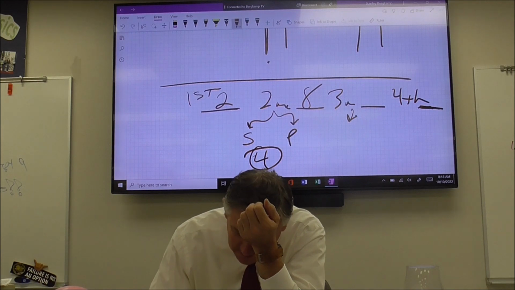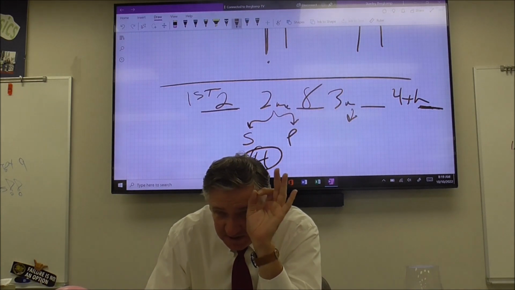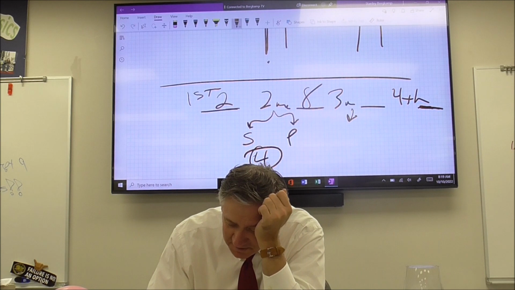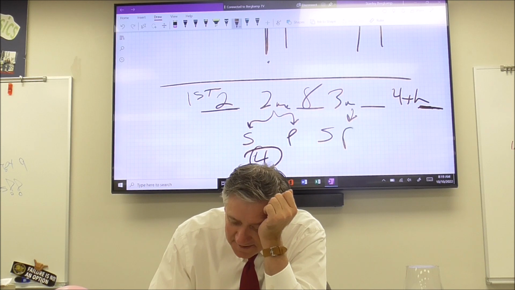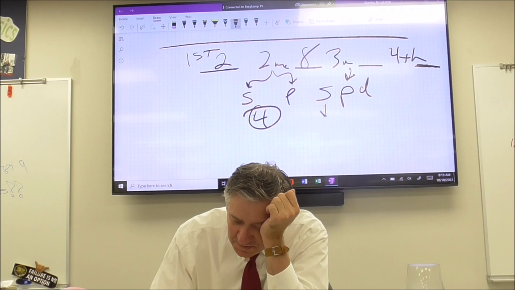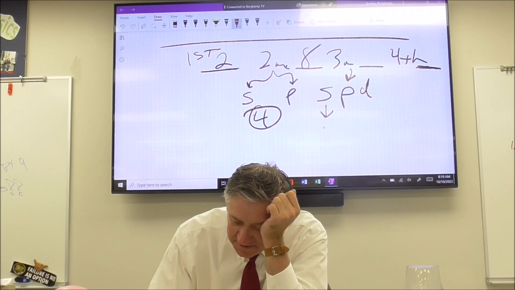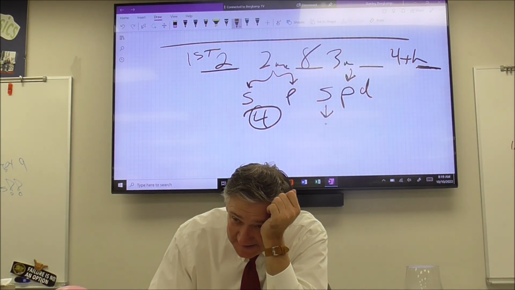Now, in the third, Carter, how many different sublevels are in the third energy level? 3. What are they? S, P, and D. How many orbitals are in the S sublevel, Carter? 1.